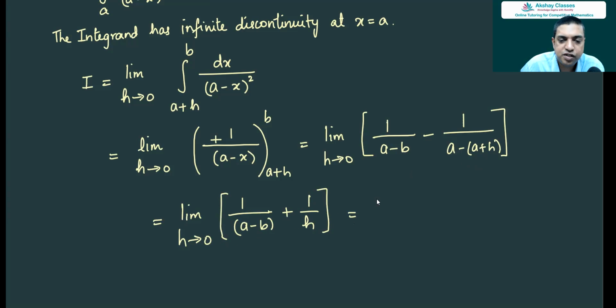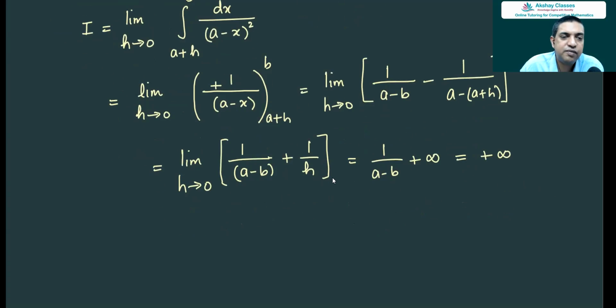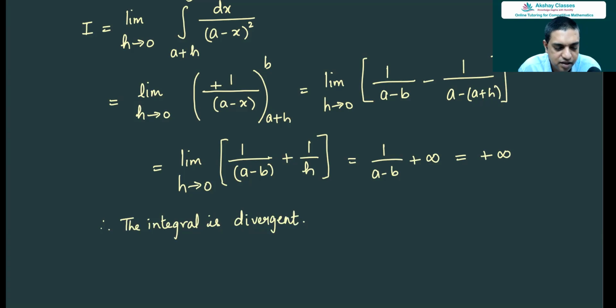As h tends to 0, the first term is a constant and the second term goes to infinity. So this integral goes to infinity. Therefore, the integral is divergent.